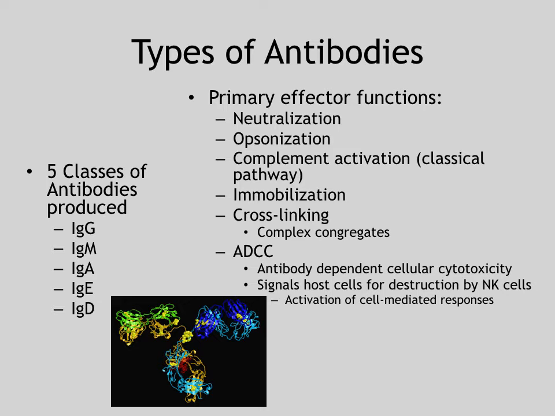We also have cross-linking. Now, this is carried out by a class of antibody, most often an IgM. IgM antibodies are really big, and they have 10 different binding sites. We're going to look at a picture of them. And these IgM antibodies can create these really big cross-links between antigens.